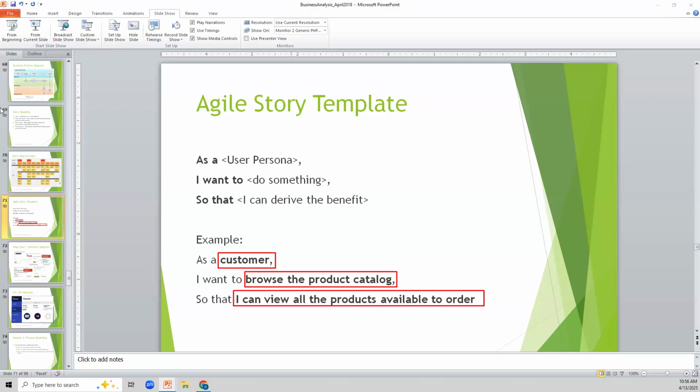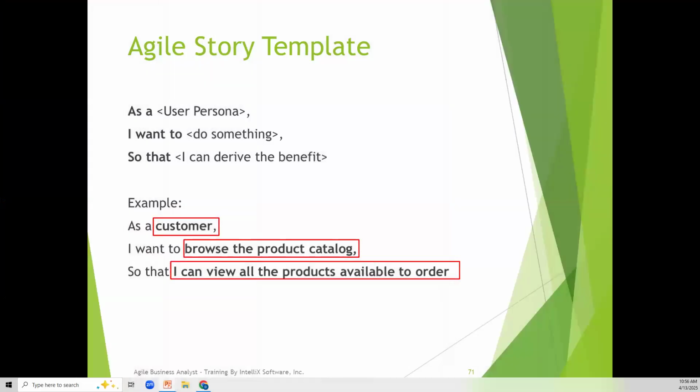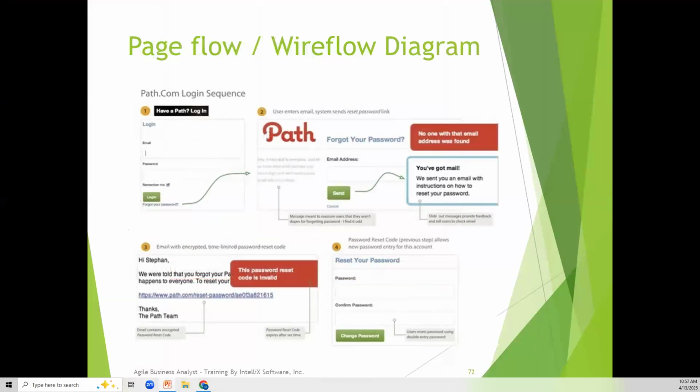All right. So the next thing you do once you do the story mapping is you need to start stitching it together, as if you're trying to build a visual system, like a web application. Then you start doing what is known as a page flow or wire flow diagram.